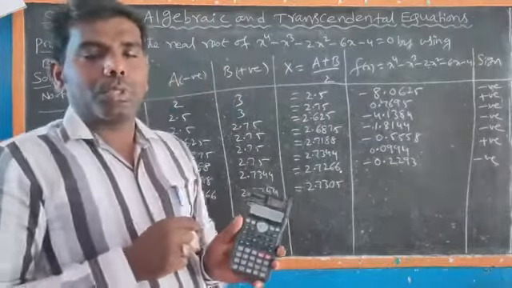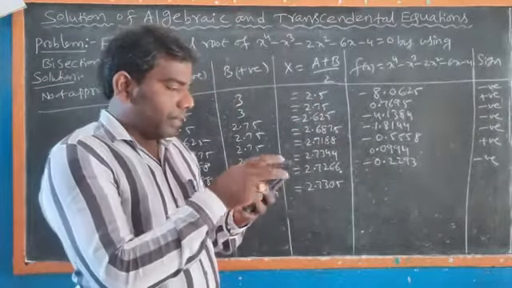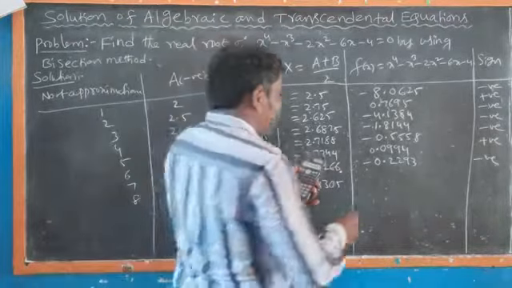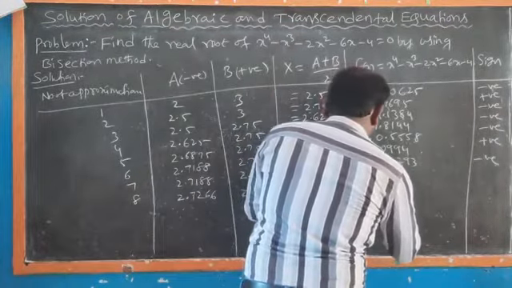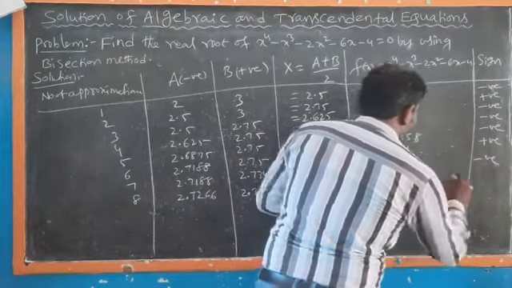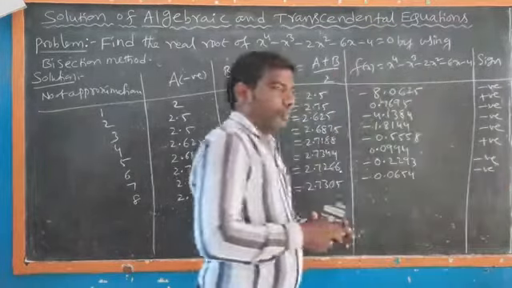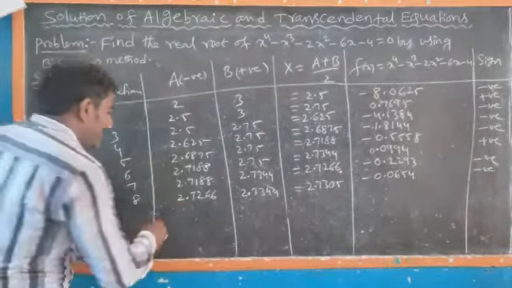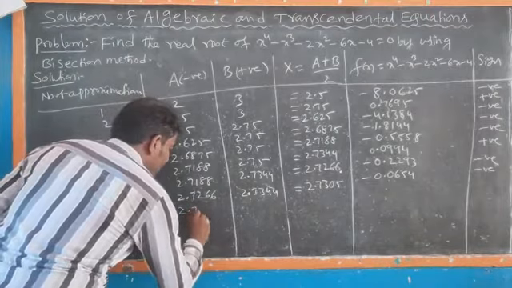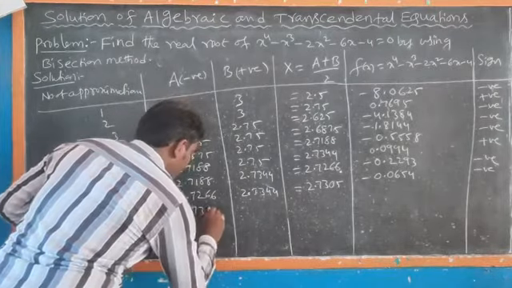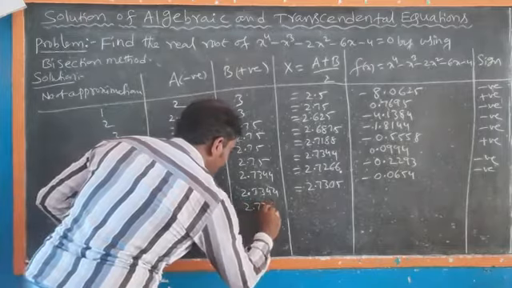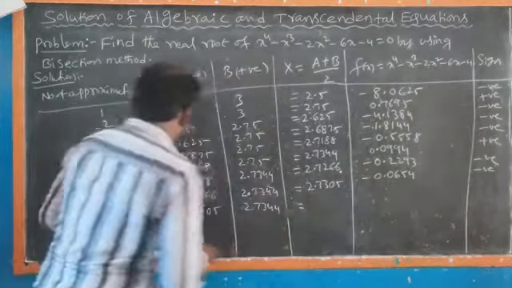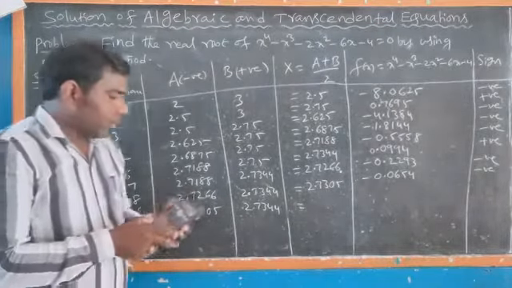Substitute this x value in that equation, then calculate, that equals minus 0.0654. This is a negative value, so substitute x in a: 2.7305, b value same, 2.7344. This is the ninth approximation.